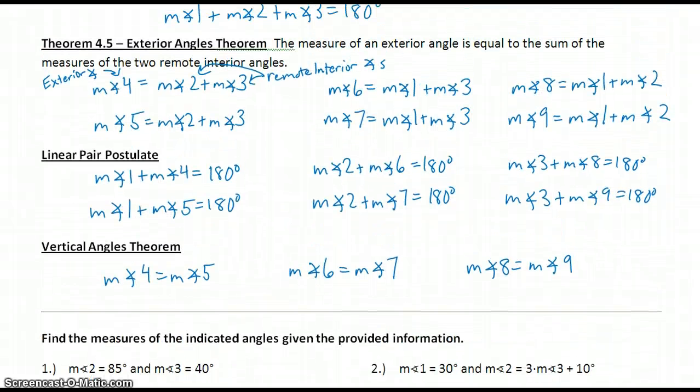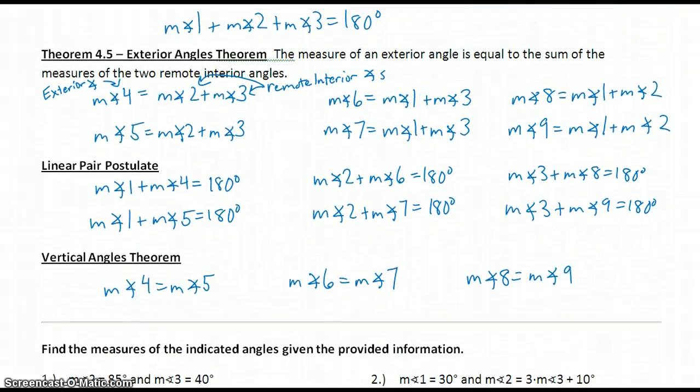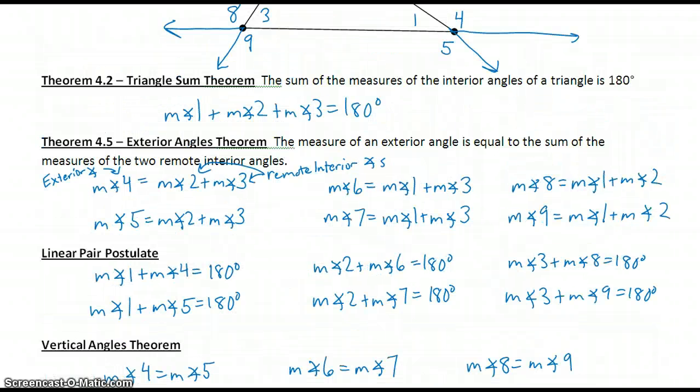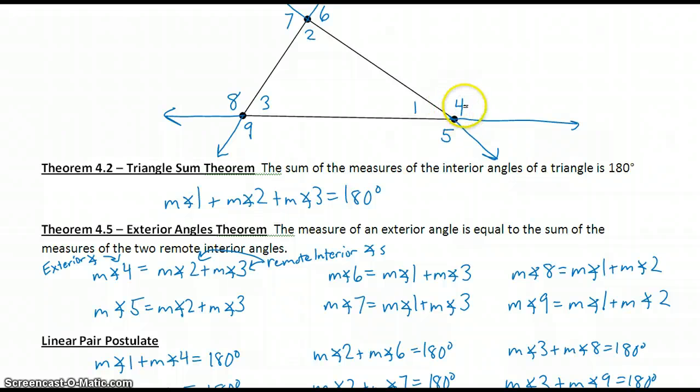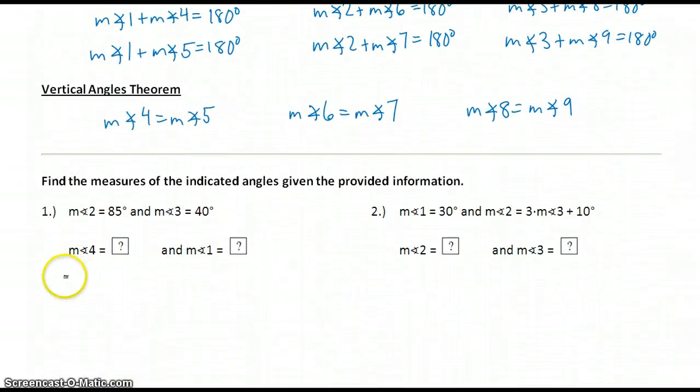So I look at my list. Here's one that relates 2 and 3 and 4. Angle 4 is an exterior angle, so it's going to equal the sum of the two remote interior angles. So that's where I want to start.